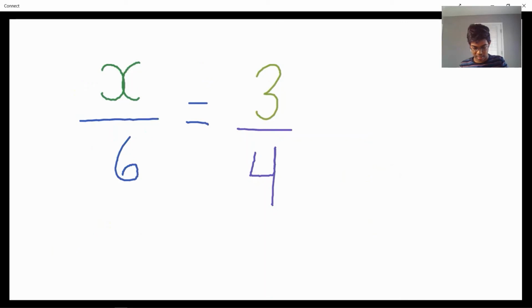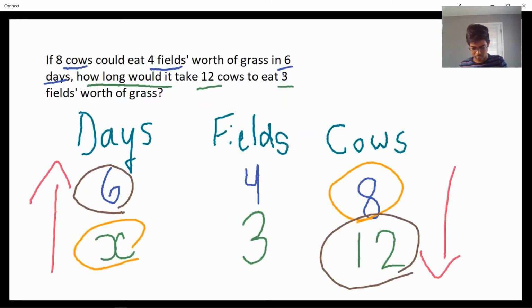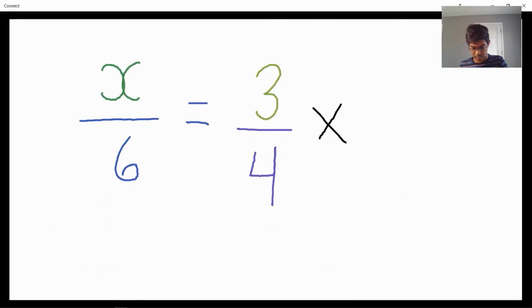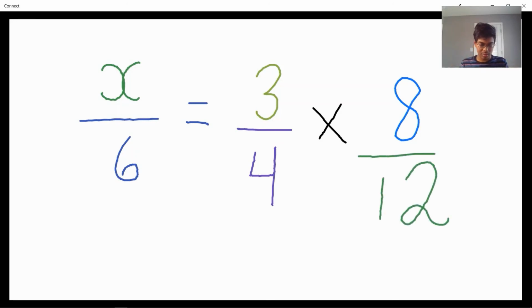So, times 8 over 12. Now, I hope you're gaining a picture of what we're doing over here. We assumed one variable to be constant, and we set up a proportion between the other two, and then we did the opposite.